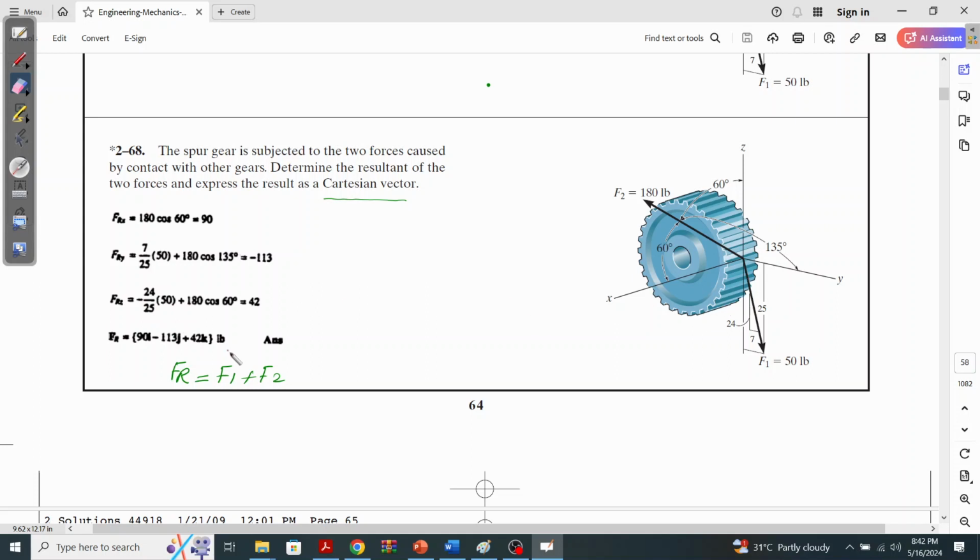But along with this, they have also placed a negative sign. Why? Because this component of F1 is going to be in the downward direction.